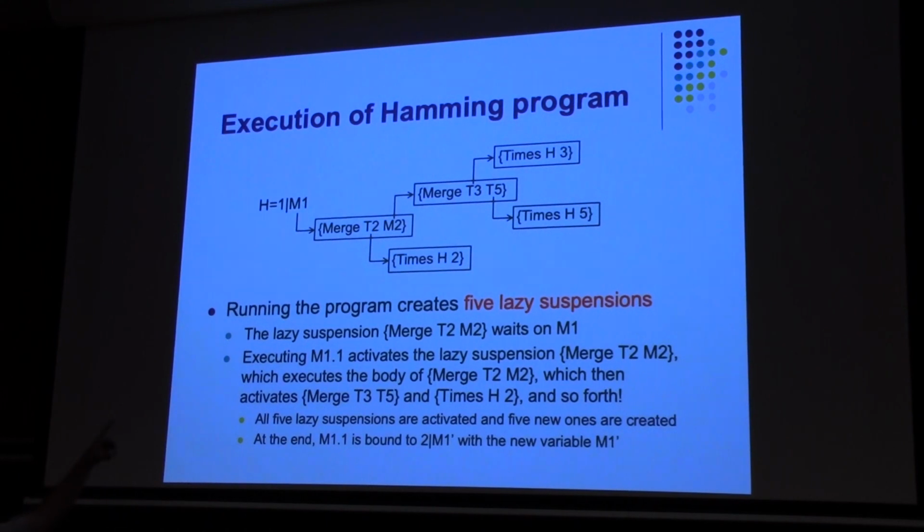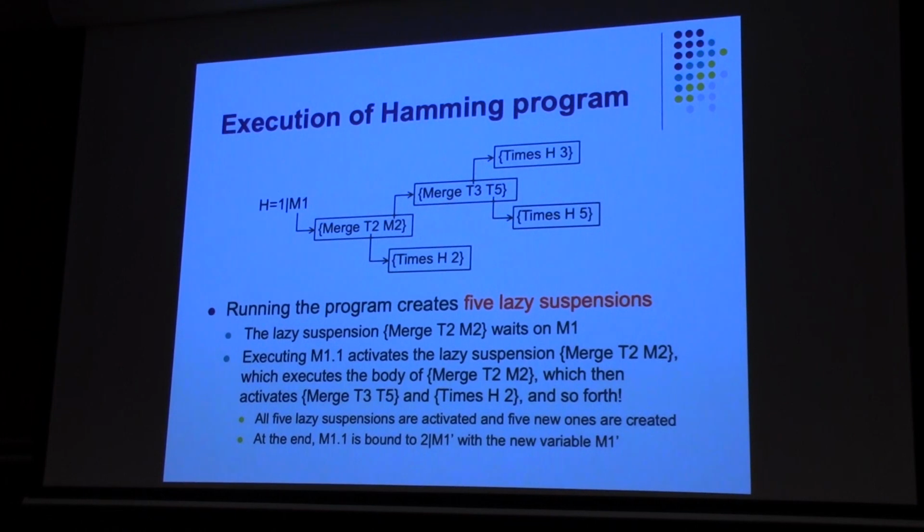Here is what happens when you execute the Hammock program. You create 5 lazy suspensions, threads waiting on wait needed. The merge T2 M2 is waiting to create M1, okay, and merge T3 T5 is waiting to create M2, and so on.